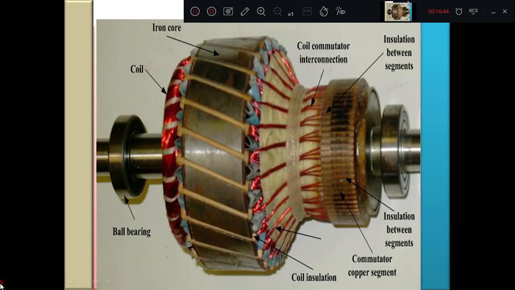You can see it's a total assembly of the rotor. It consists of the armature as well as the commutator. These are the slots in which the armature conductors are placed, and these armature conductors are connected to the commutator segments. From the commutator segments, there are two brushes.